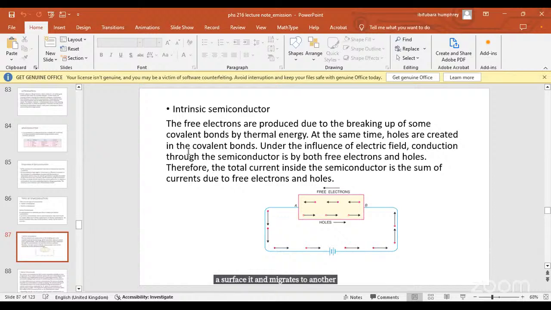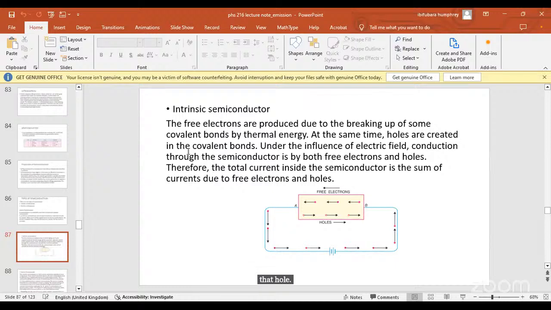You remember we talked about energy levels, the principal quantum energy levels, that is K, L, M and so on. So when electrons move from one energy shell to another, it creates a hole there. It creates a hole, and so another adjacent electron will move to fill that hole.